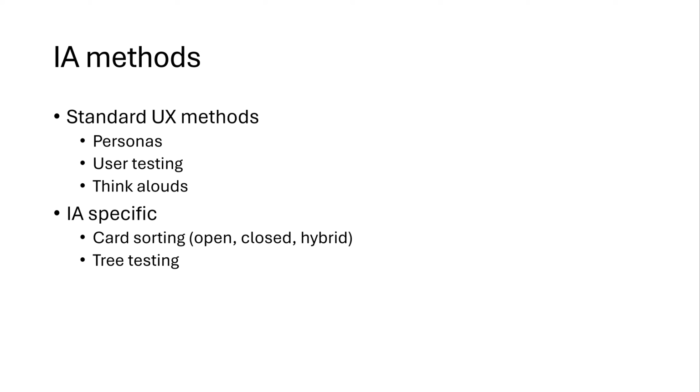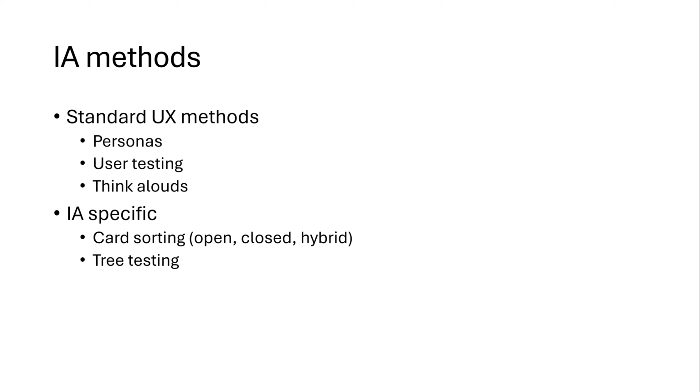But then there are information architecture specific ones as well. So the two main ones are card sorting and tree testing. With a card sort, you are basically asking users to build hierarchies or taxonomies of information. An open card sort is when you give them all the cards and allow them to create new ones, and they're free to develop those hierarchies however they wish.